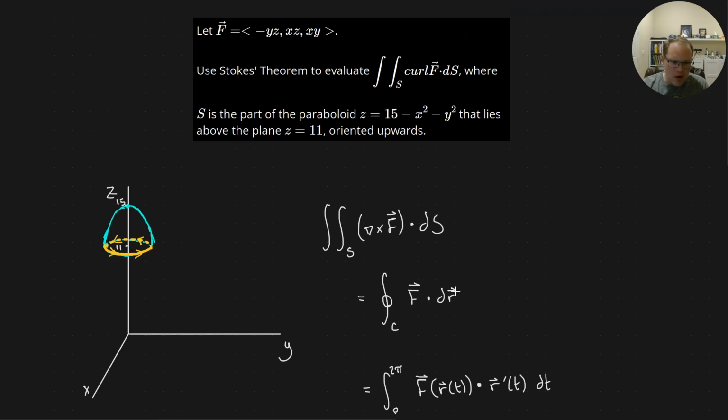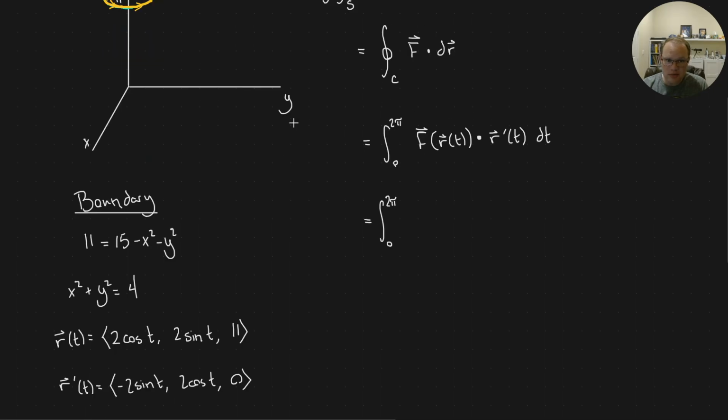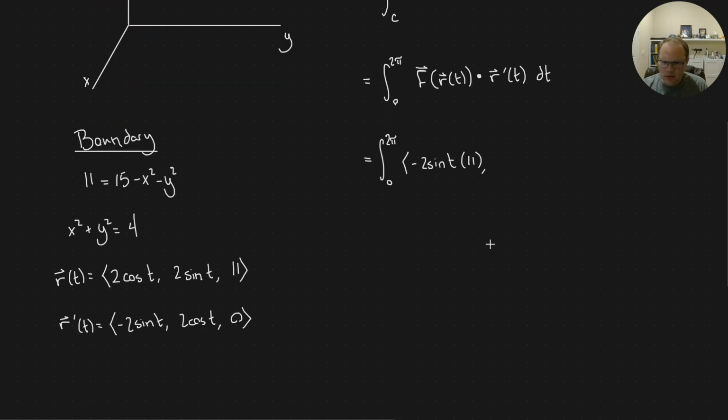So let's plug in our vector valued function into our vector field. So F is negative yz, xz, xy. Okay, so negative yz, so this and this, negative 2 sine t times 11, xz, so this and this, 2 cosine t times 11, and then xy, so this times this.